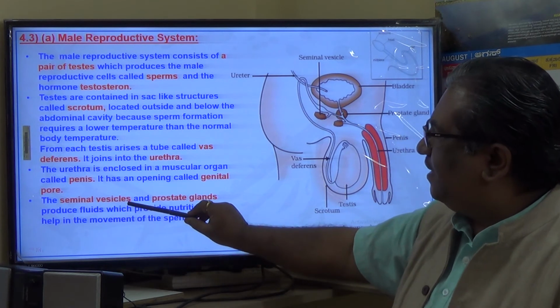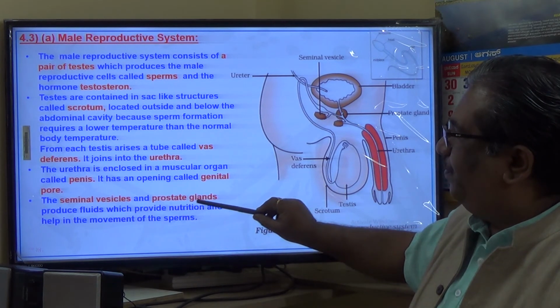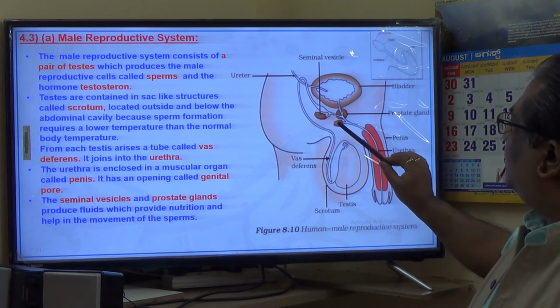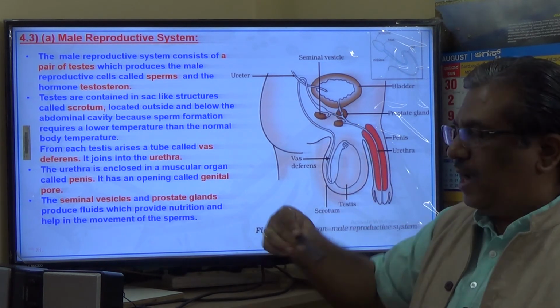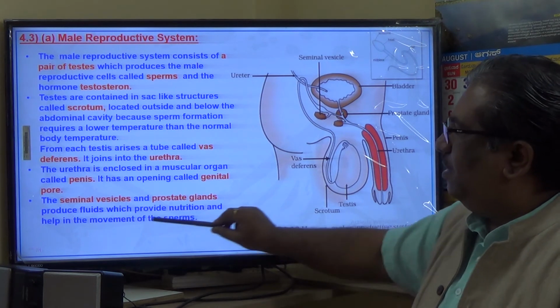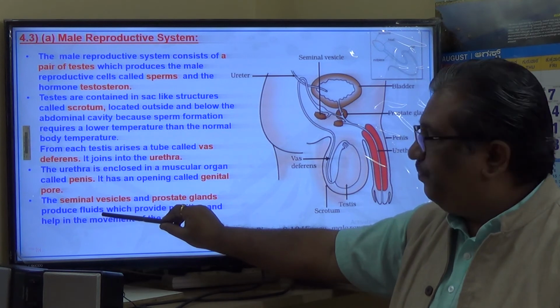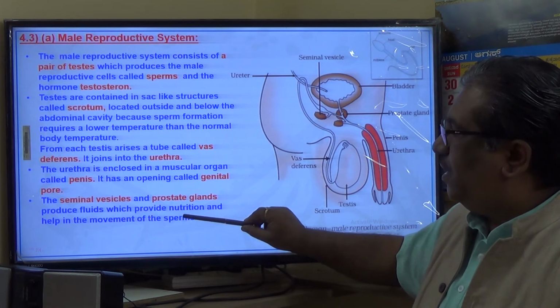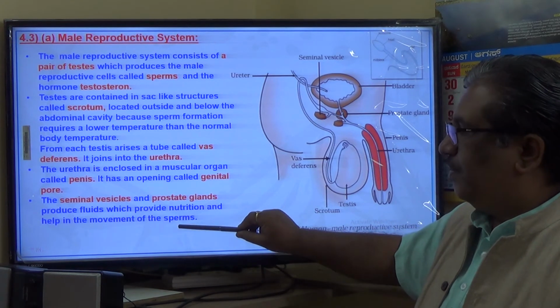The seminal vesicles and prostate glands have functions also. Seminal vesicles and prostate glands produce fluids which provide nutrition and help in the movement of sperms.